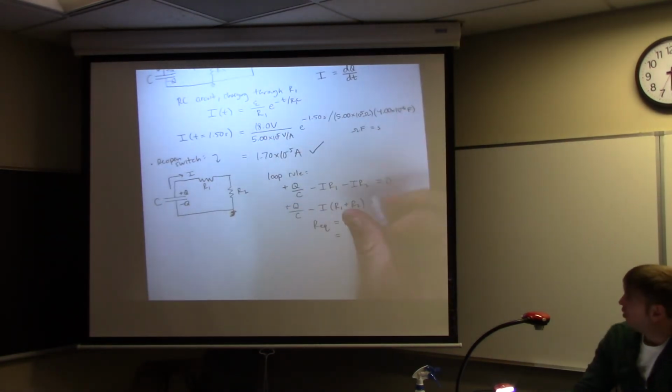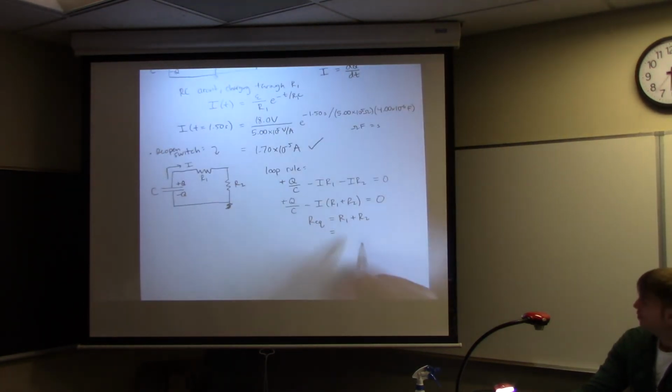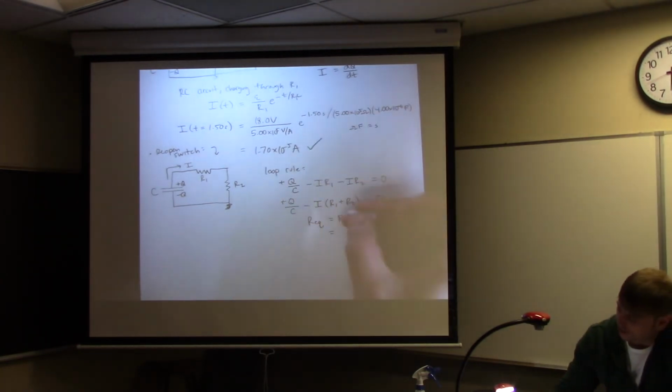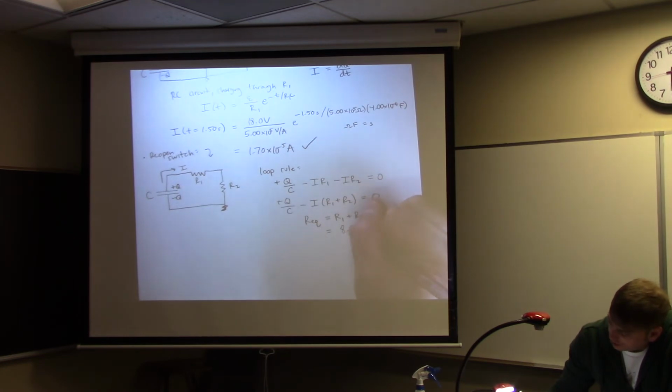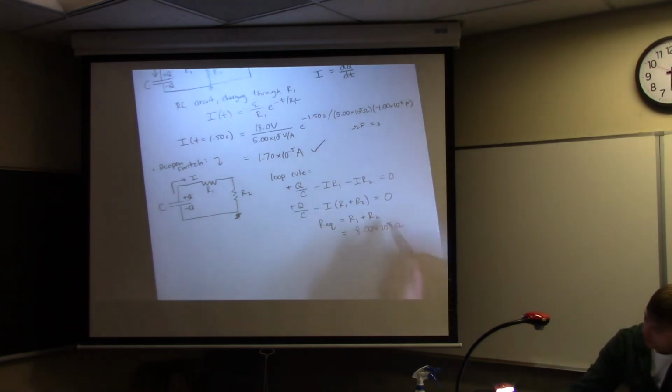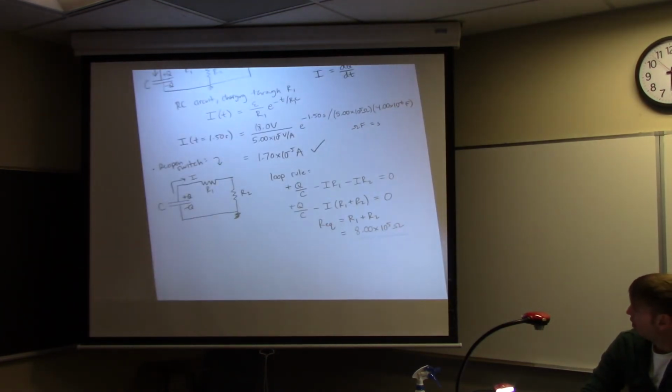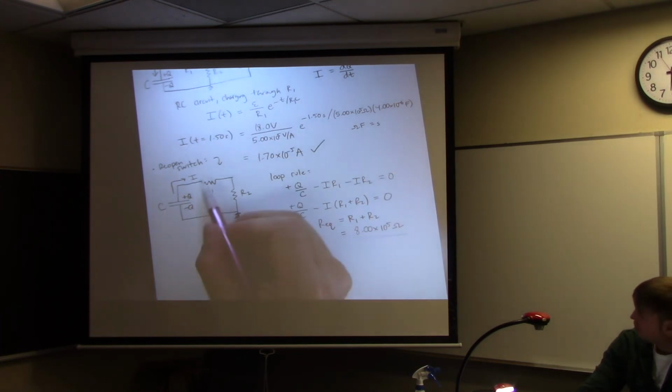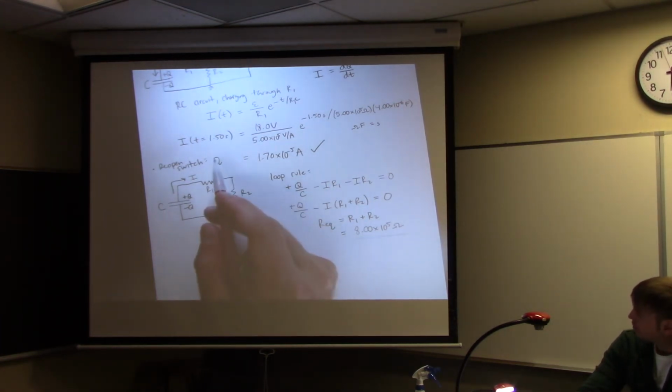So here, R1 is 5 times 10 to the 5 ohms. R2 is 3 times 10 to the 5 ohms. So when we add them together, we get 8 times 10 to the 5 ohms. Okay? So that's the resistance we should be using in our equations, because it's discharging through the series combination of R1 and R2.